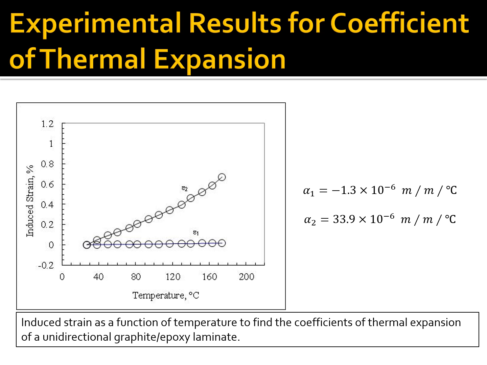These are the typical graphs which you are seeing here. This is the induced strain. This is epsilon 1 and this is epsilon 2. As you can see, you have several data points which have been taken at different temperatures as it goes from about 30 degrees Celsius to about 180 degrees Celsius right here. And this one is epsilon 2, although it's not exactly linear, we can assume it to be linear.